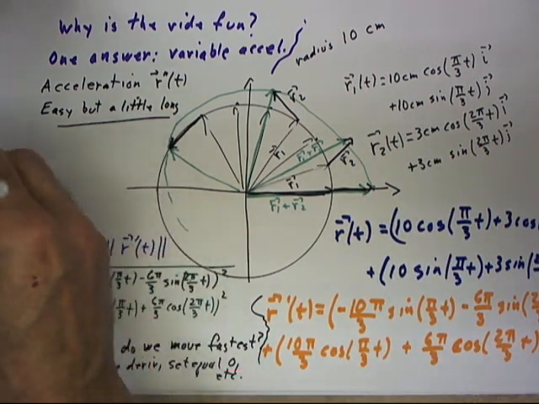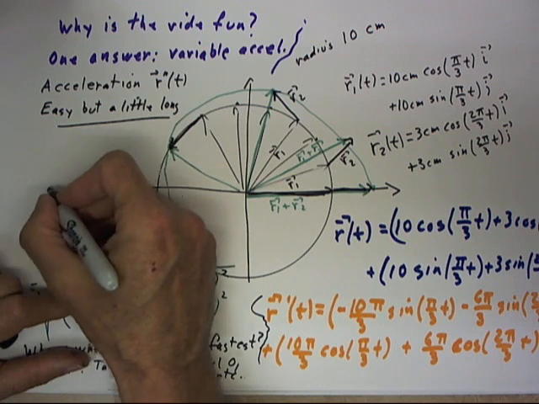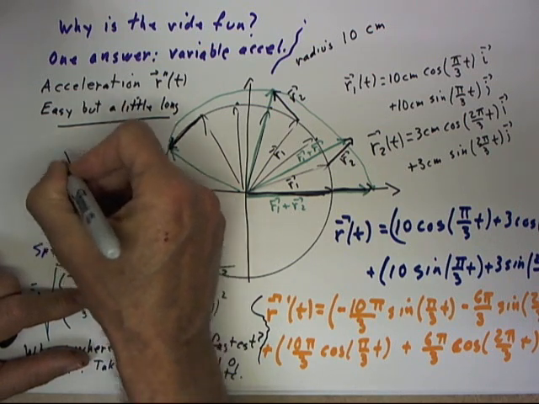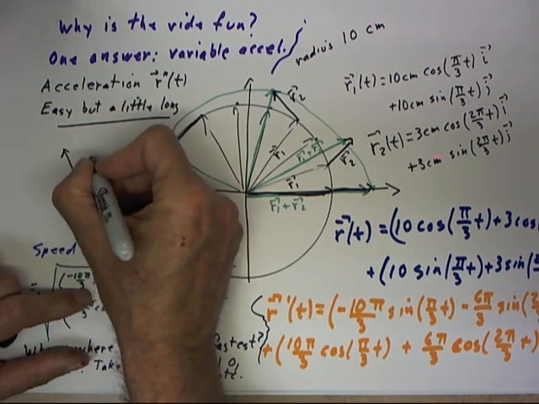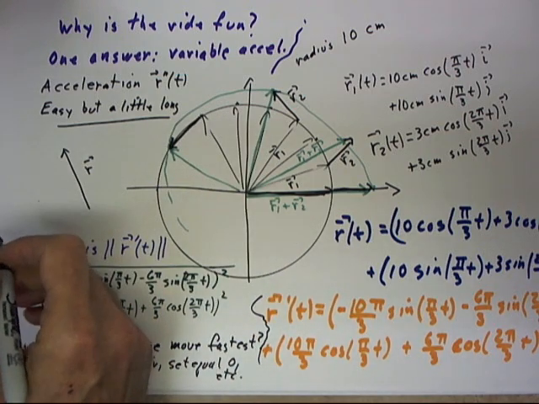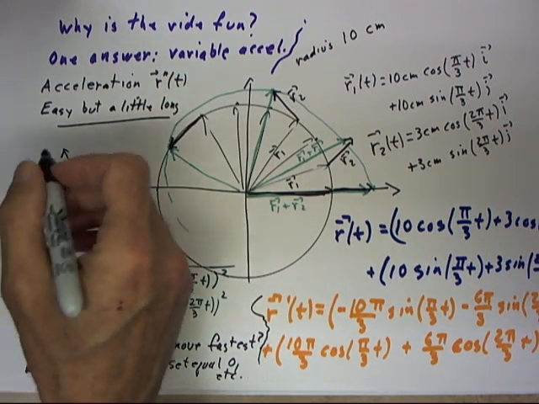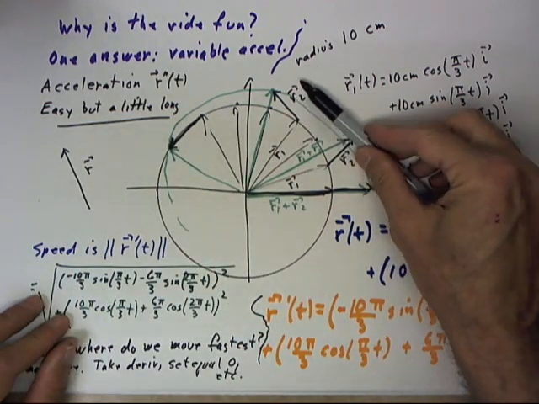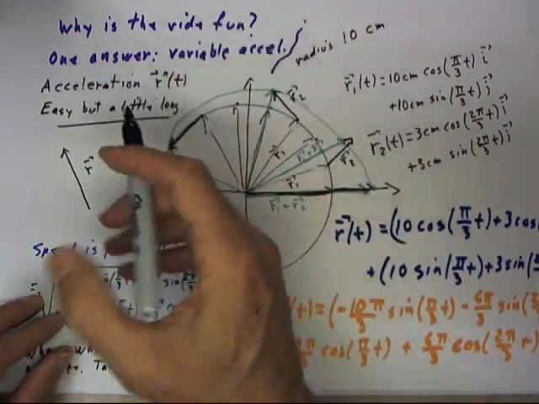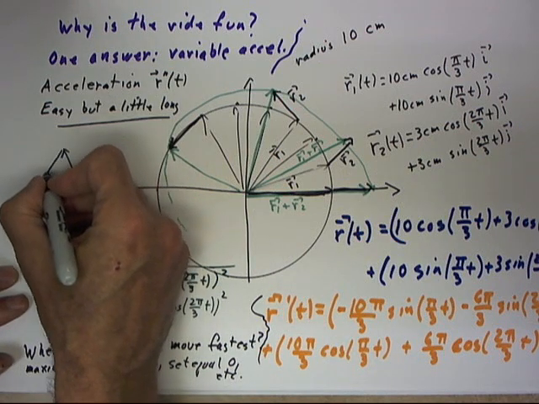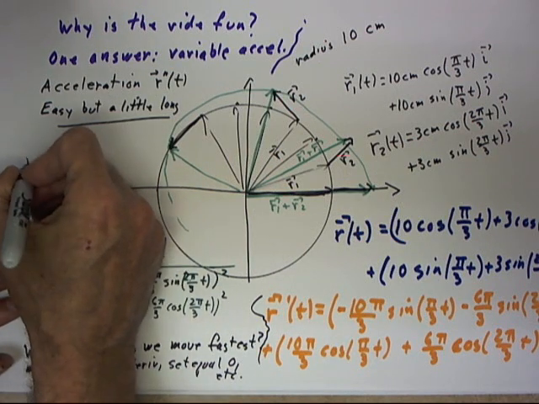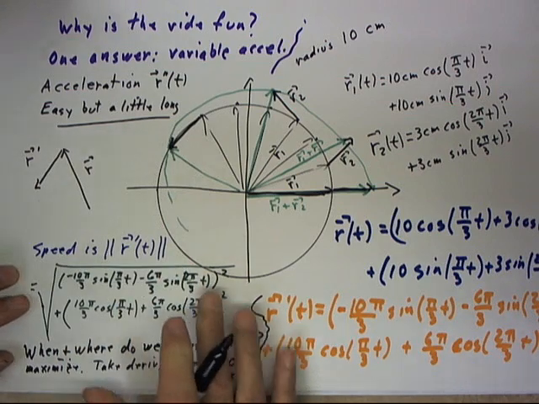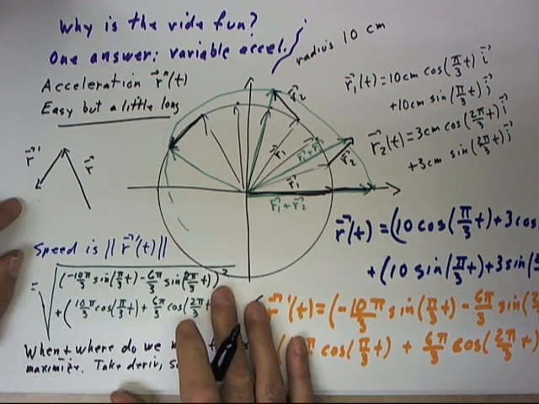So if we represent a typical r vector at some time t, and a typical velocity vector. Velocity at any instant is going to be tangent to this curve, and maybe the velocity vector is in this direction. Now that's going to be the derivative function, the r prime function.